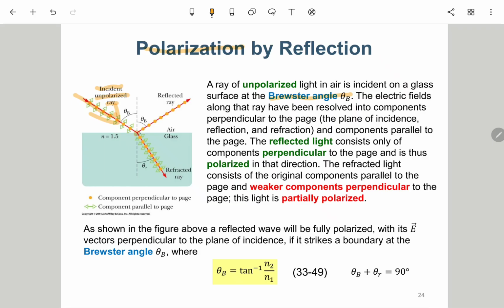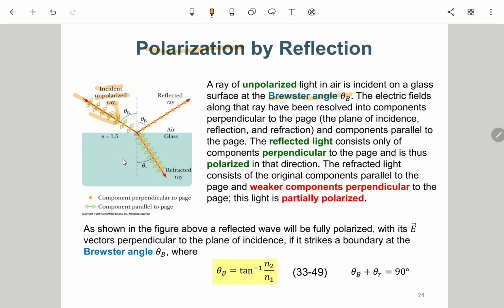So what happens when theta 1 is equal to theta b? If the incident angle is equal to the Brewster angle, of course the reflected angle will be the same as the incident angle. This will be theta b, so nothing special here.